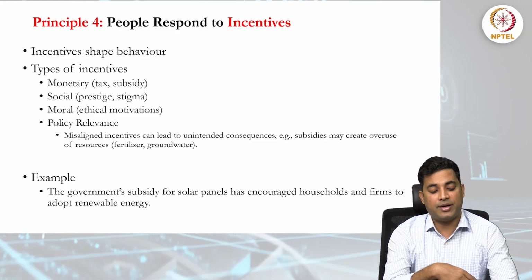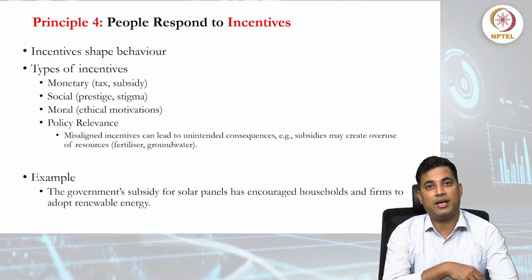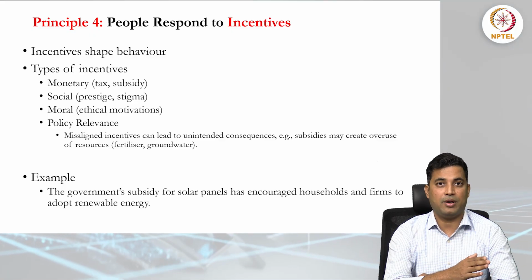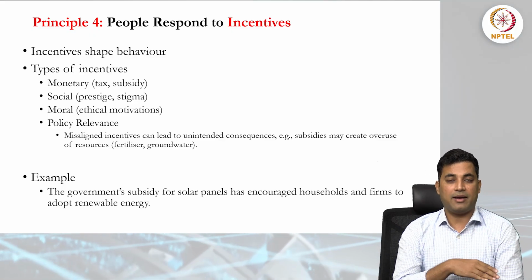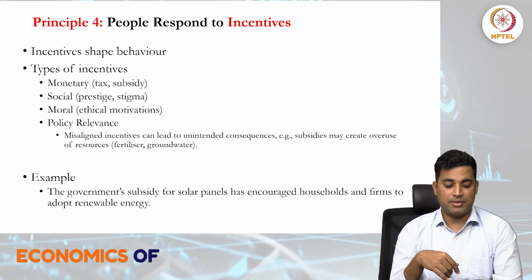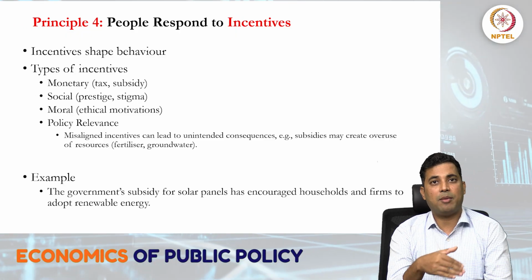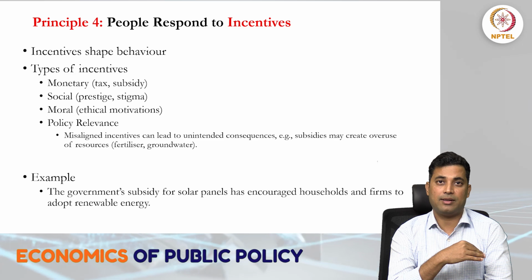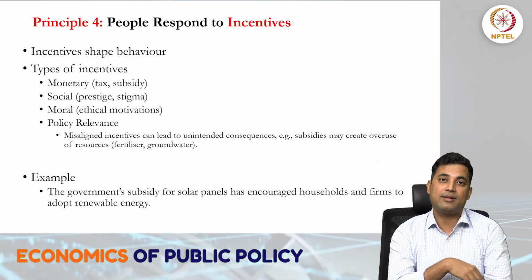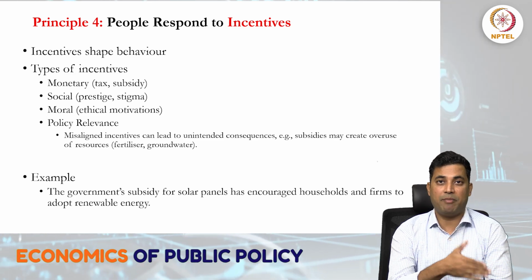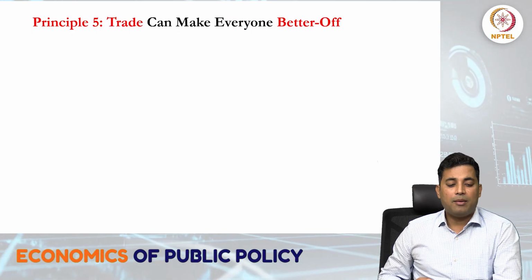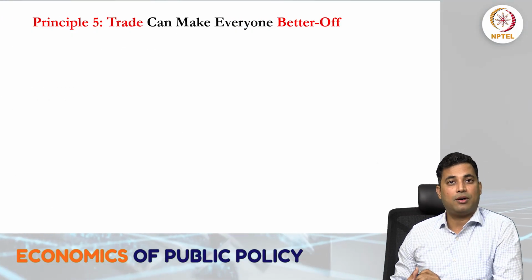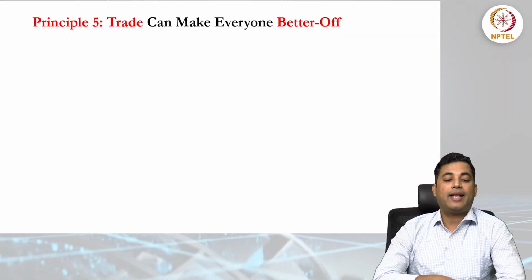So while framing the policy, you have to be very careful. In the first example, misaligned incentives had a negative impact. In the second example, solar panels, it has a positive impact, both based on the incentives.